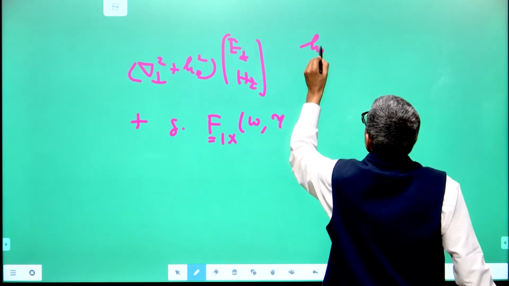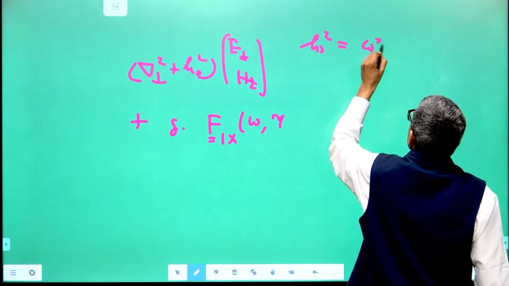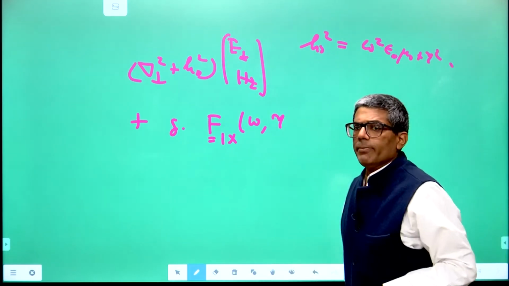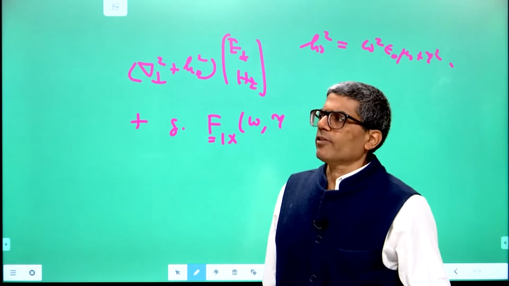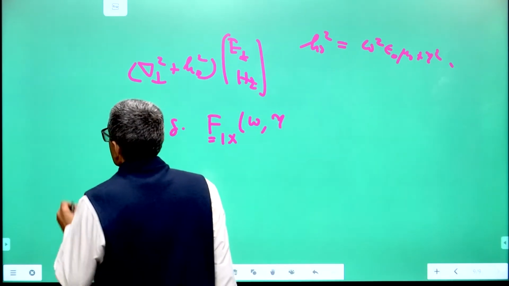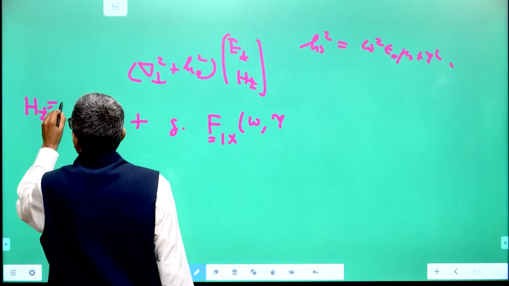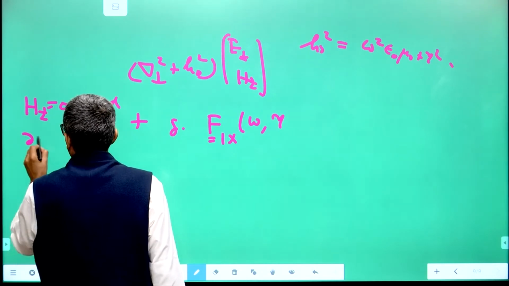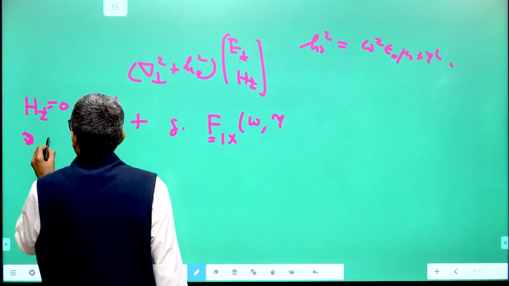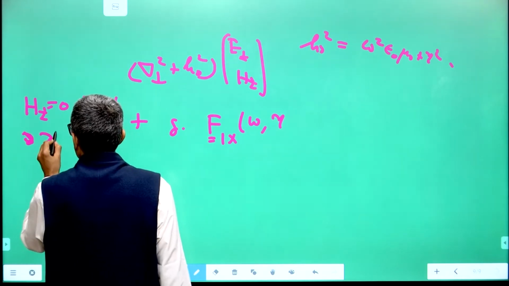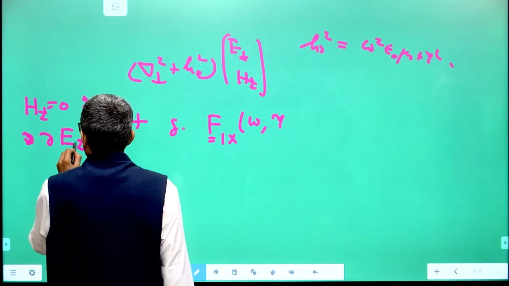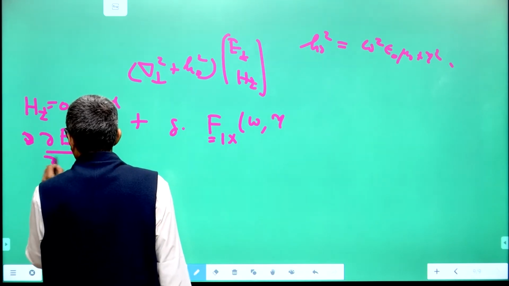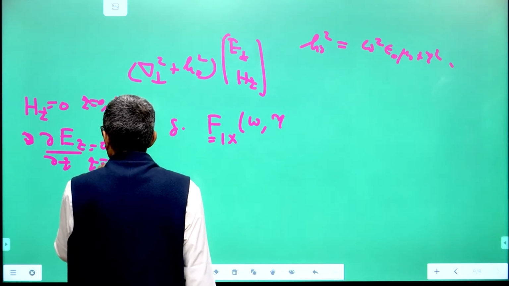That is because H naught square has been written as omega square epsilon naught mu naught plus gamma square, and gamma in the end will be put as j pi p by d, because you require that the Hz should vanish when z is 0 and d, and you also require that E perpendicular, that means you require that dou Ez by dou z should vanish when z is 0 and d.